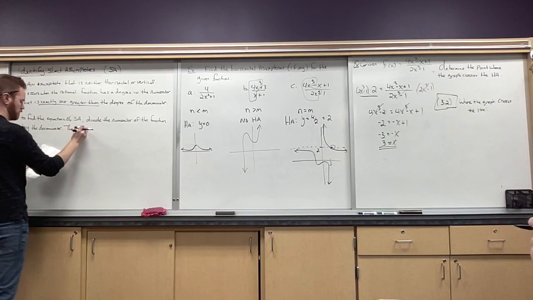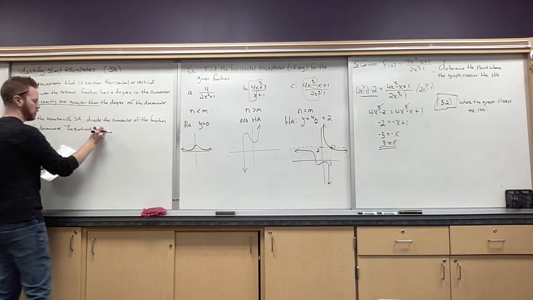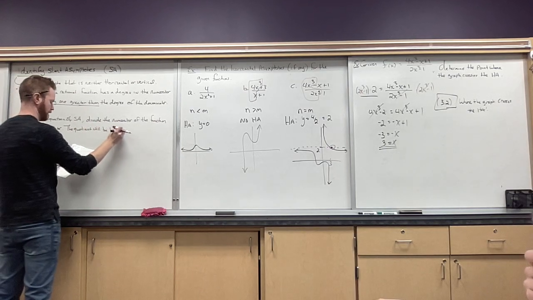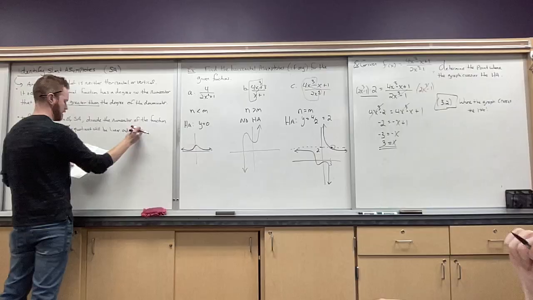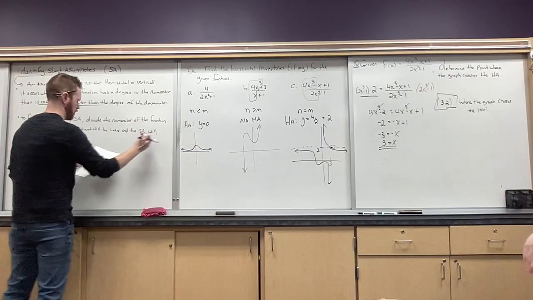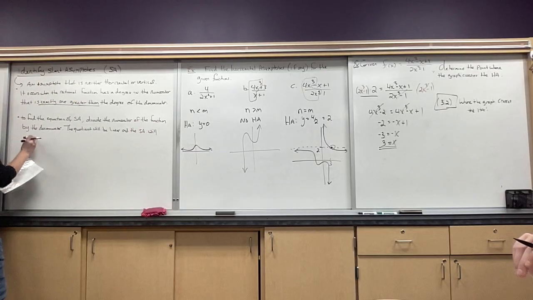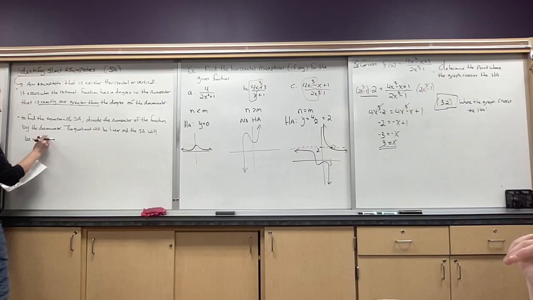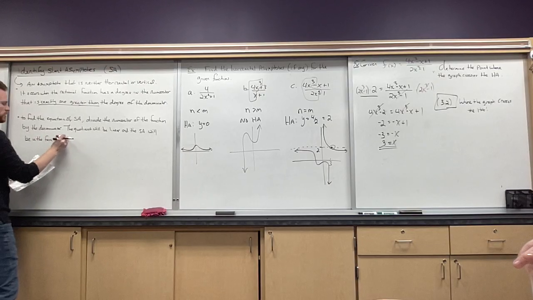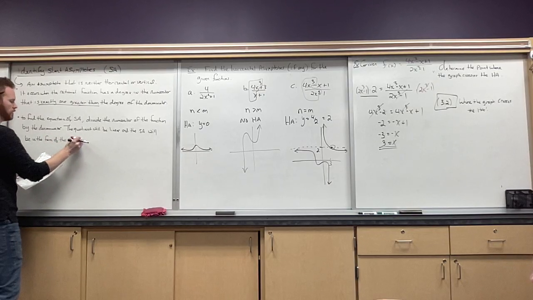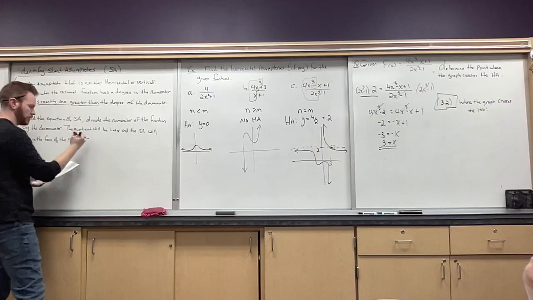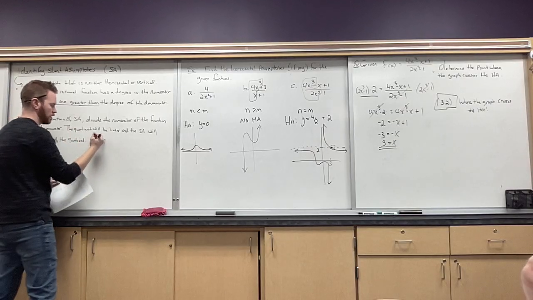The quotient will be linear, and the SA will be in the form of the quotient. But I'm going to put something in parentheses that's pretty important: not the remainder.